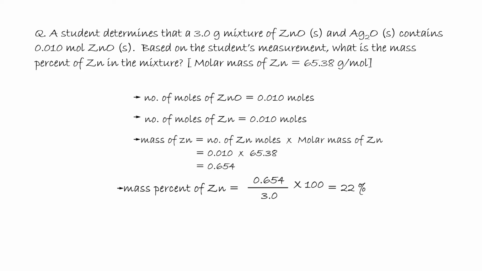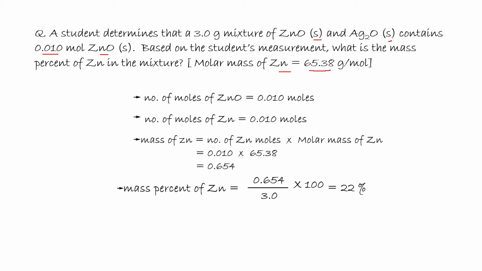A student determines that a 3 gram mixture of zinc oxide solid and silver oxide solid contains 0.010 mole zinc oxide. Based on the student measurement, what is the mass percent of zinc in the mixture? The molar mass of zinc is 65.38 gram per mole.